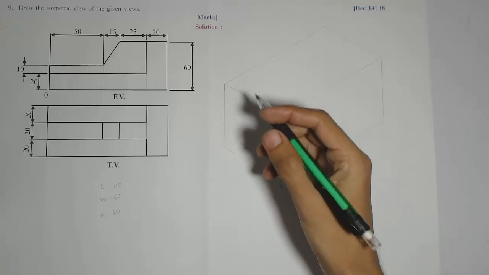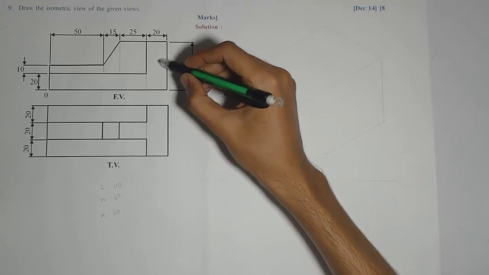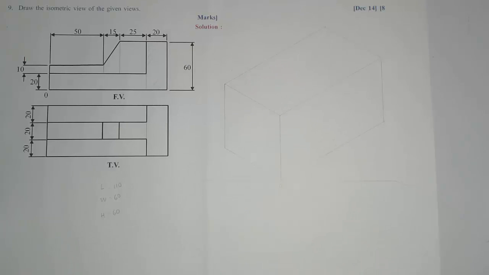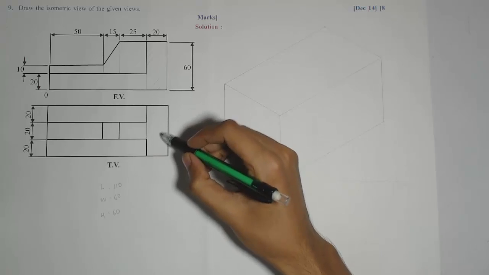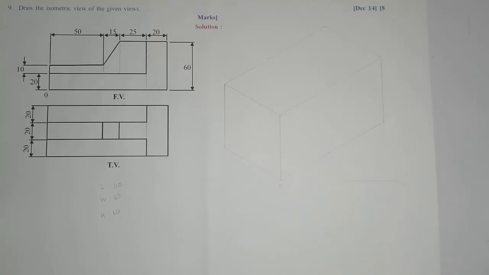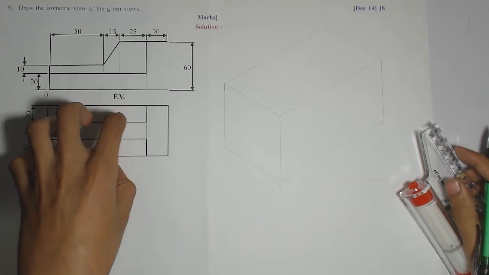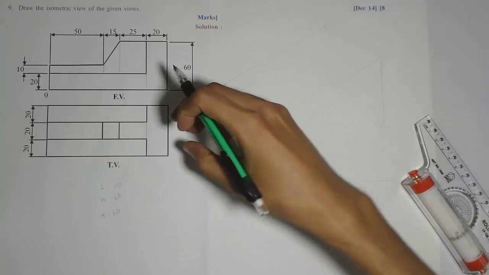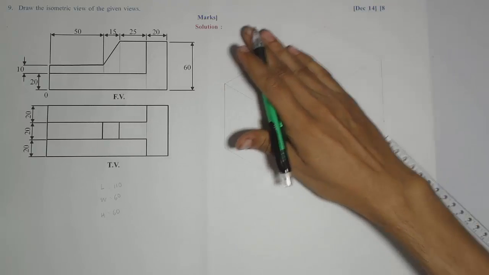So first I am selecting this part of length 20 in front view, and then this part of again length 20 in top view. Obviously now these parts will be redrawn for top view on this top plane.